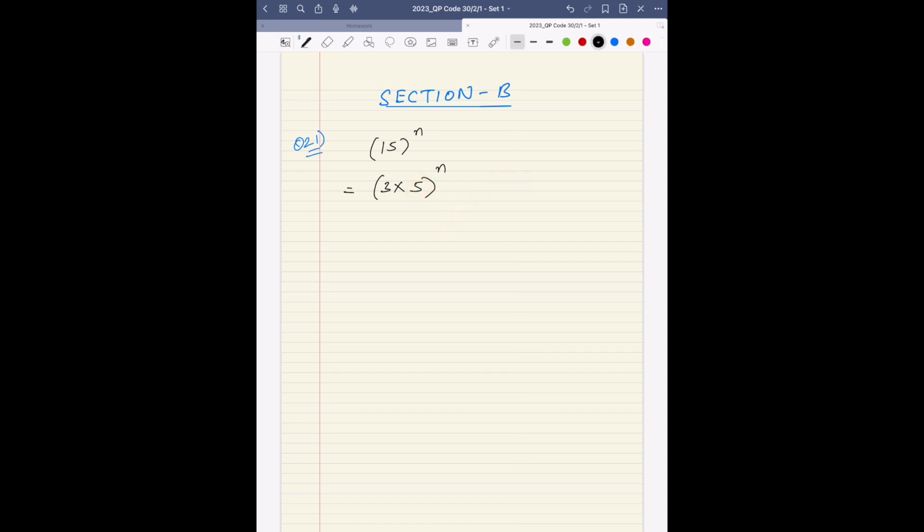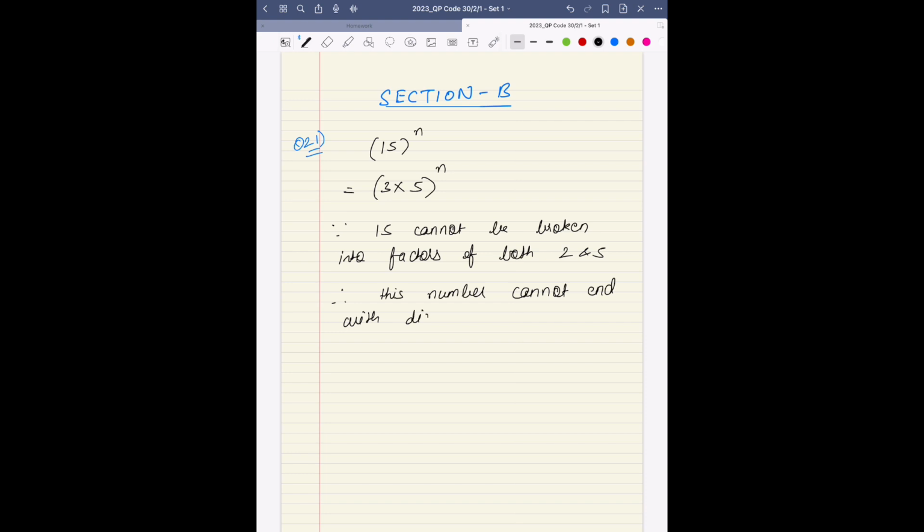Since 15 cannot be broken into factors of both 2 and 5, hence this number cannot end with digit 0. That's it.